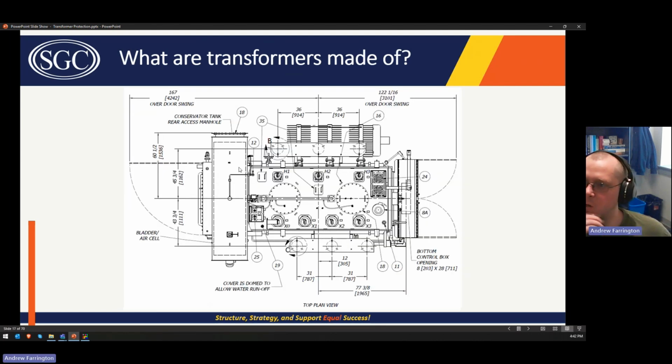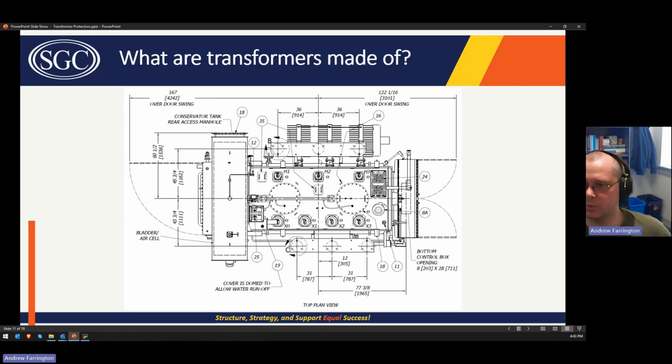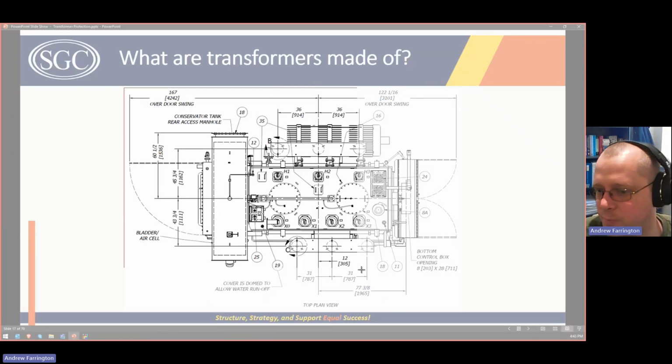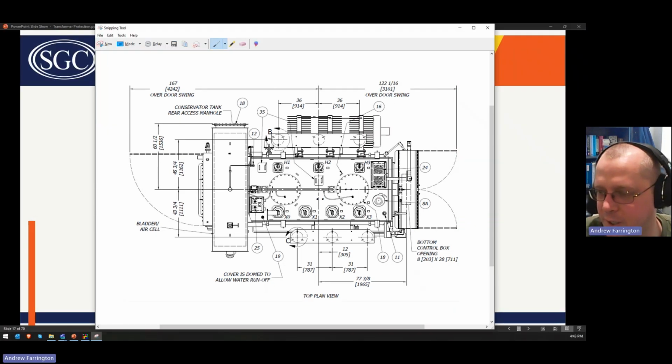These were snips from a series of drawings for this transformer, and it does a better job of pointing out all of the different components. Oh, one other thing that I wanted to point out is there's a common problem with people connecting the phases incorrectly to a transformer such that the phase shift is incorrect, right?